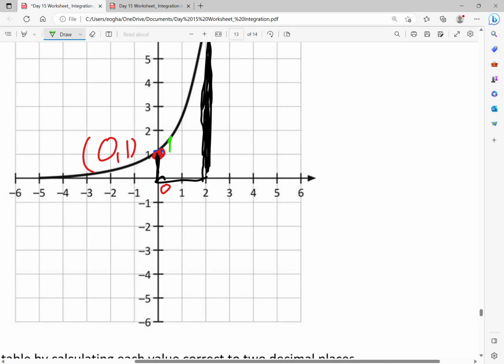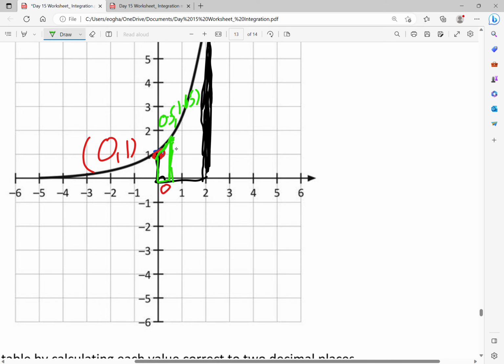Doesn't want to play ball. Not responding now. But anyway, let me talk while we're waiting for it to come back. So we make these trapezoids each of a width of 0.5. And once we get the area of all of these trapezoids added together, that allows us to get an approximation for the area overall.